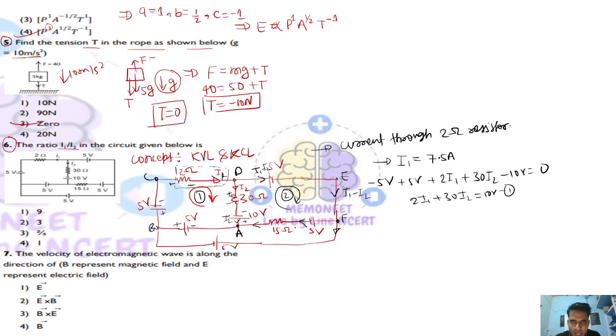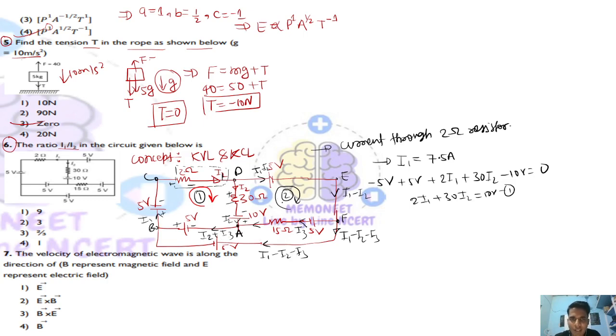You can take it here I3, and here it will be I1 minus I2 minus I3, and from here it will come I2, and then here I2 plus I3. Okay, and from here it will be I1 minus I2 minus I3. From here it becomes I1.